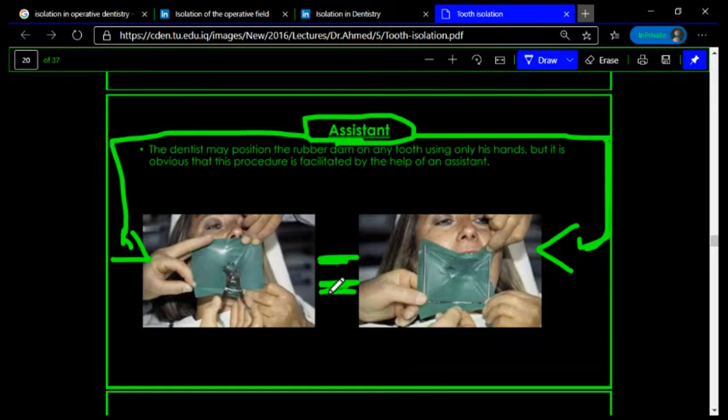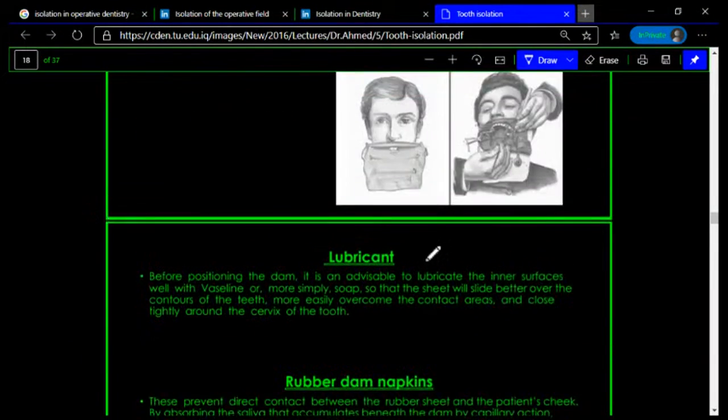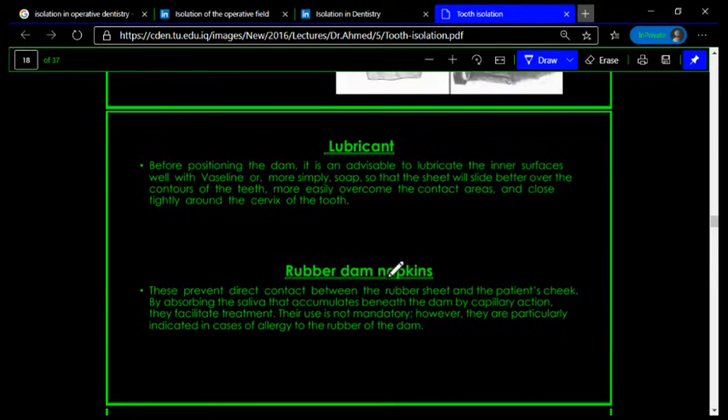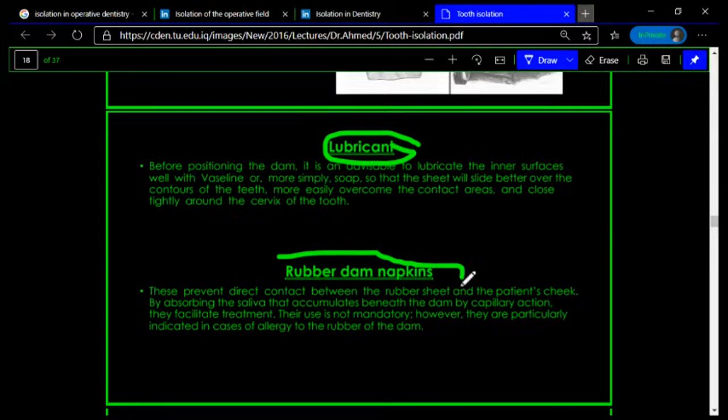Of course, the first one is when the assistant helps the doctor hold the rubber dam and apply it to the patient. And here the clamp is being used, as we already said. Many accessories are important, like the rubber dam lubricant and the rubber dam napkins.